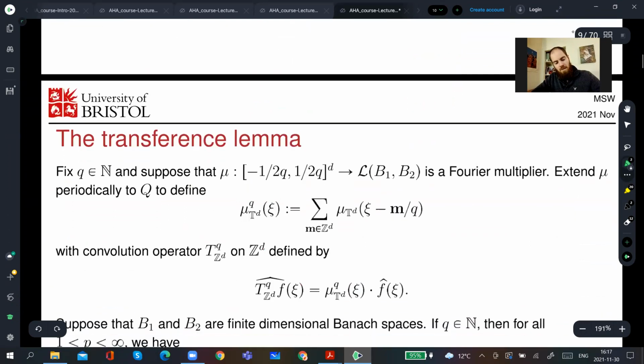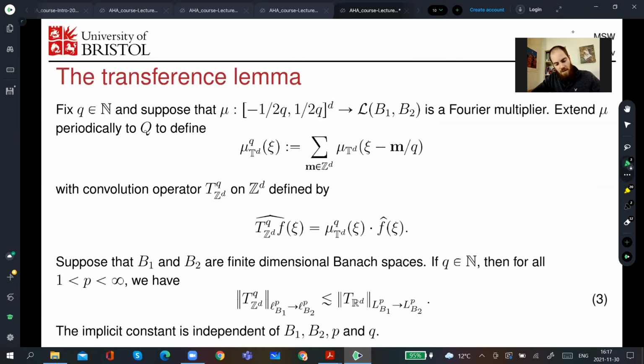Just to remind you what we did last week, we proved this transference lemma, which allowed us to leverage knowledge about operators on the Euclidean space to operators on the integral lattice inside of that Euclidean space.